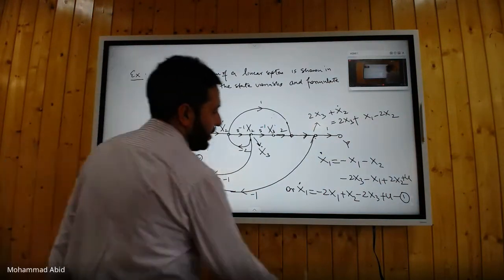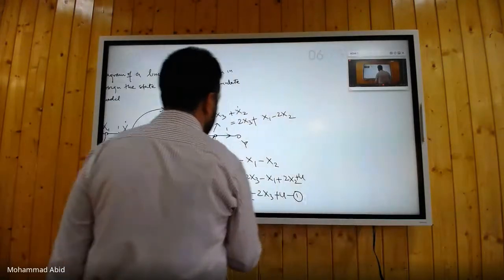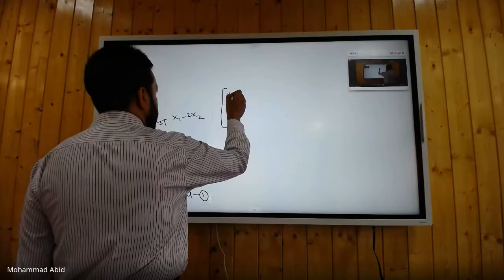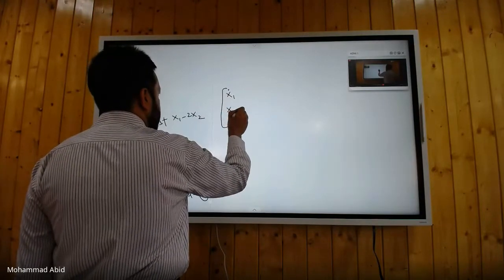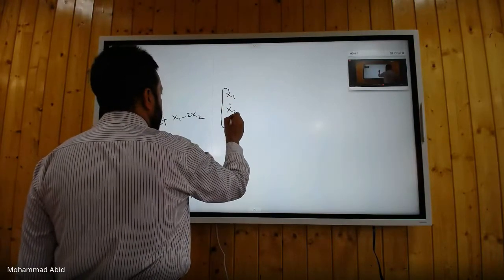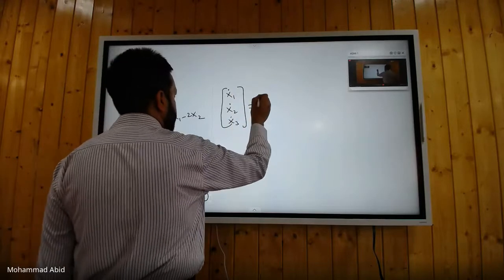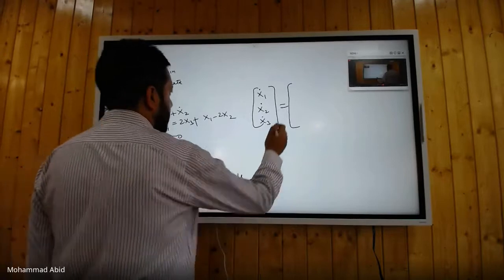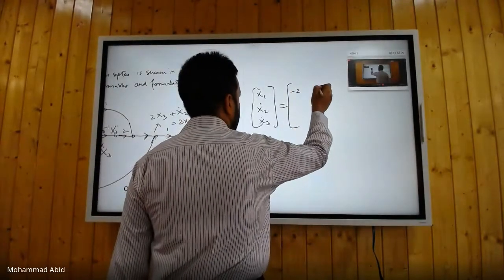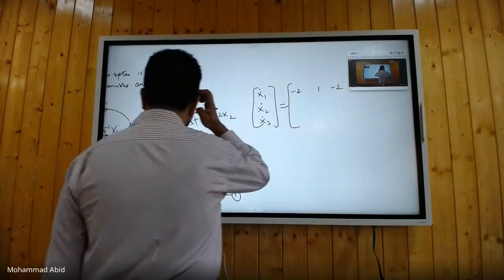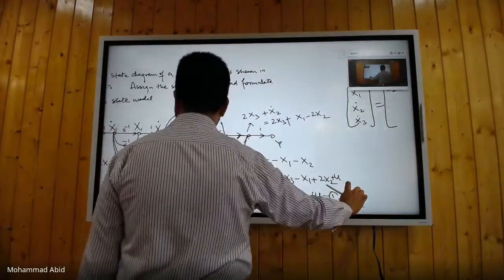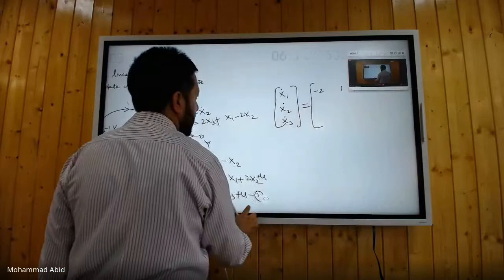Now I will write down these three equations in matrix form. So what will I get the state equations as? This is x1 dot, x2 dot, x3 dot is equal to, what is x1 dot equal to? This is minus 2, 1, minus 2. What is x2 dot equal to? x2 dot is x1 minus 2x2.